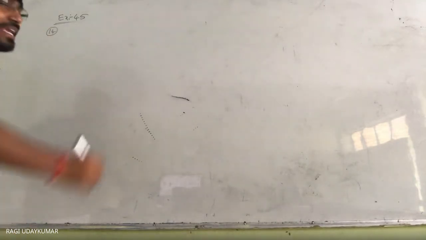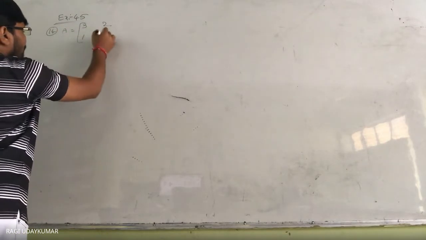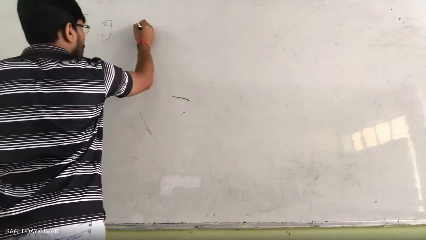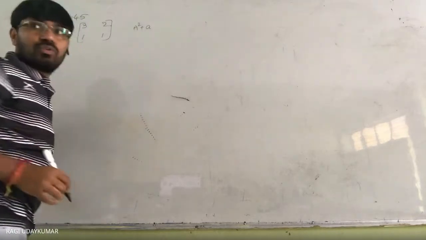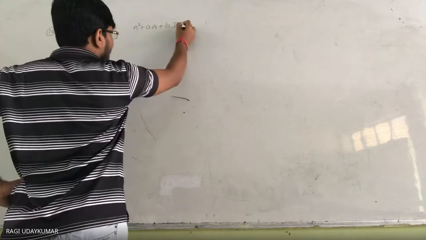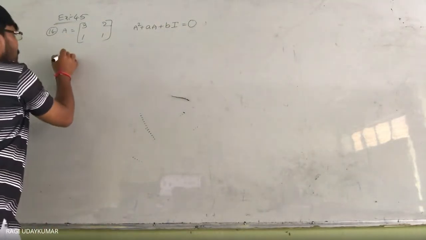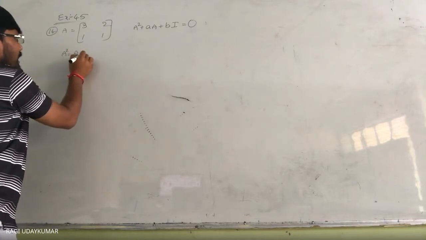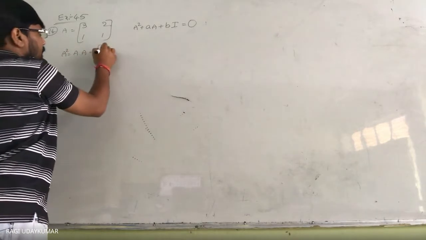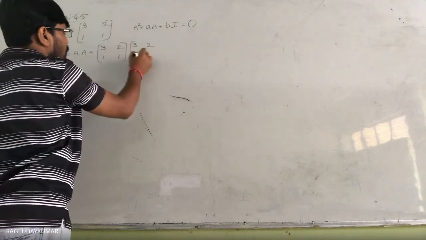The question is given A is equal to 3, 2, 1, 1. Find a and b such that A square plus small a into capital A plus small b into I is equal to O. For that, first you need to find A square. A square is equal to A into A, which is 3, 2, 1, 1 times 3, 2, 1, 1.